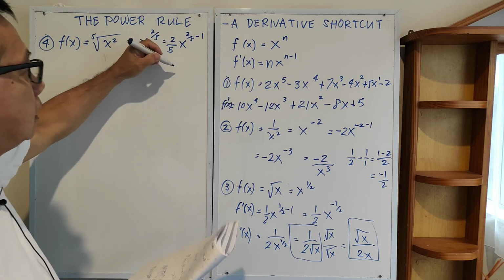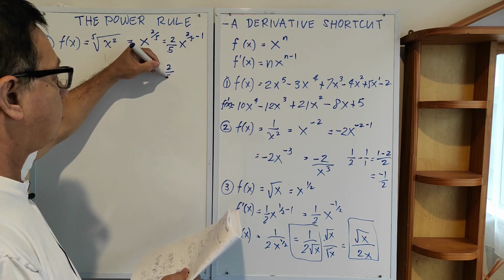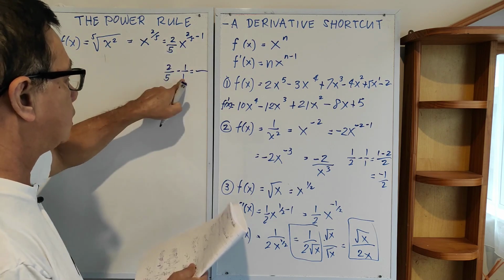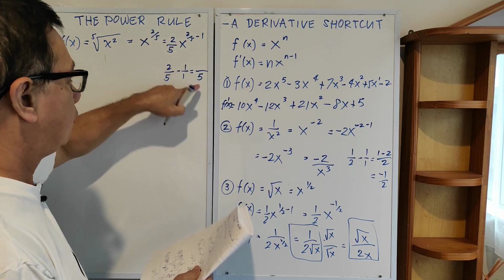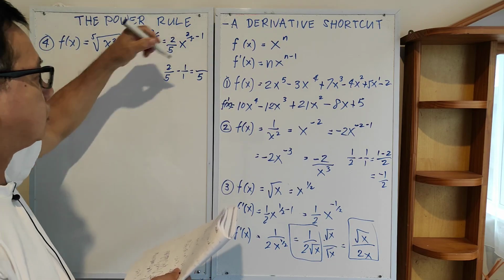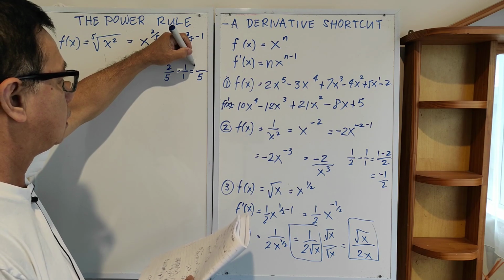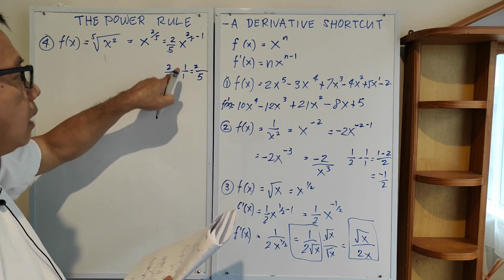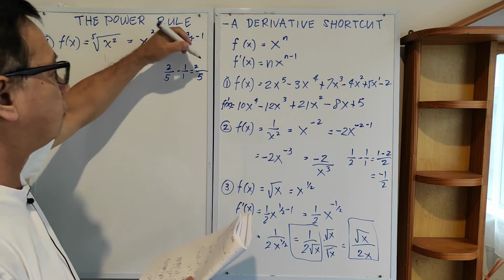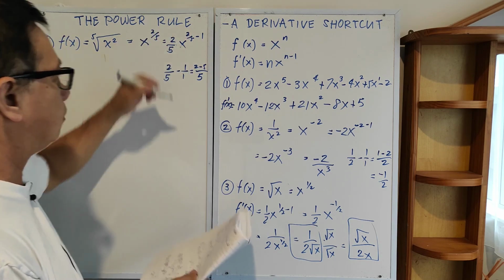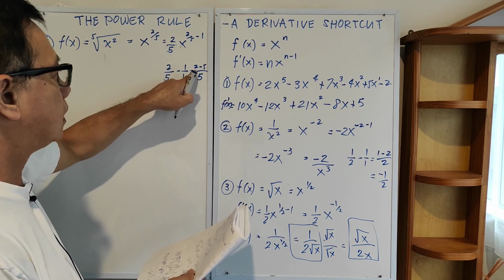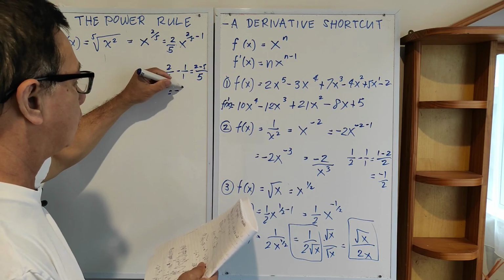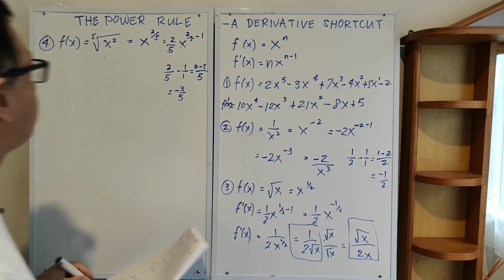So let's subtract 2 over 5 minus 1 over 1. So LCD is 5. 5 divided by 5 is 1 times 2 is 2. 5 divided by 1 is 5 times 1 is still 5, but negative. So this becomes 2 minus 5 is negative 3 over 5.